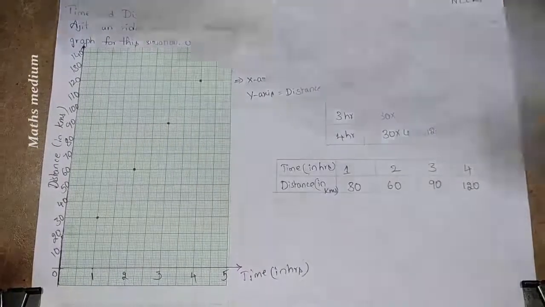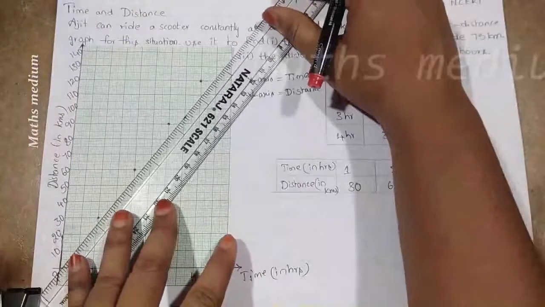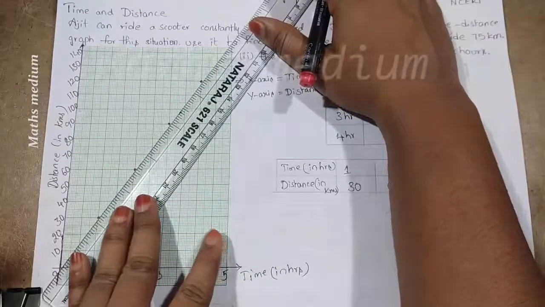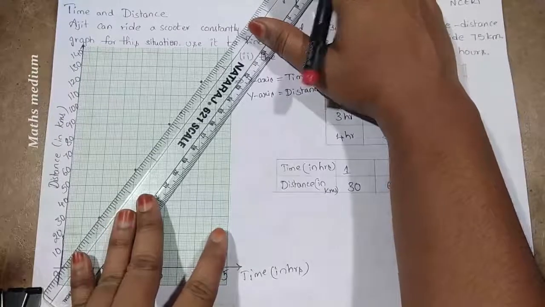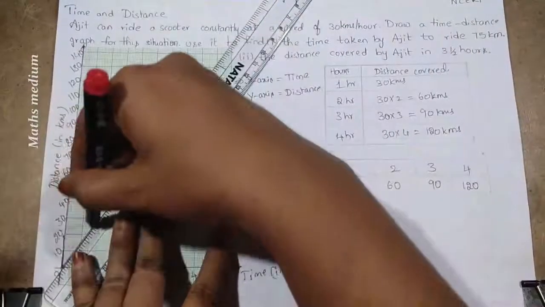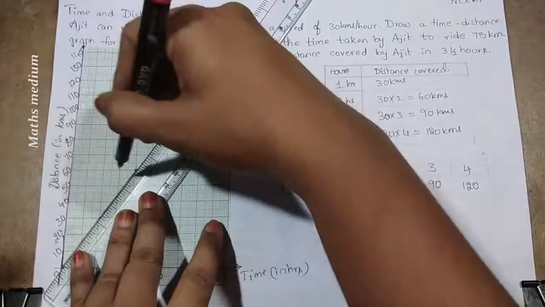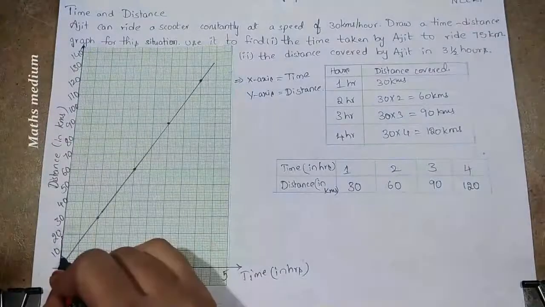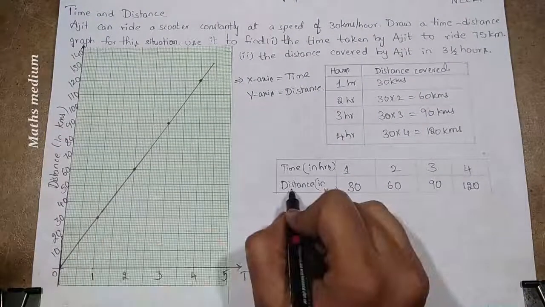So now we have to draw a line from the origin, O. This is O, and we are drawing a line through all the points. See, so it is the graph showing time and distances.